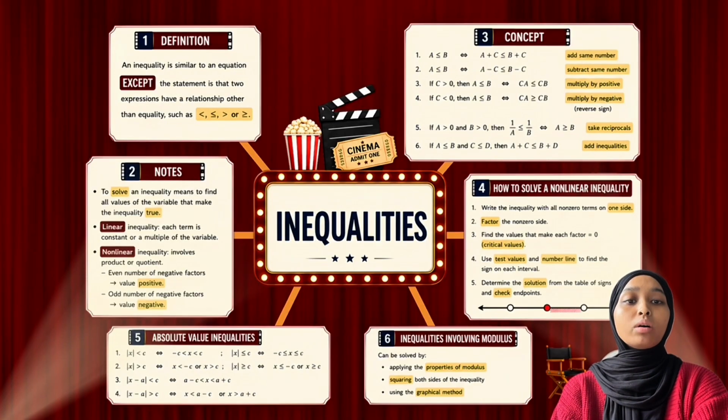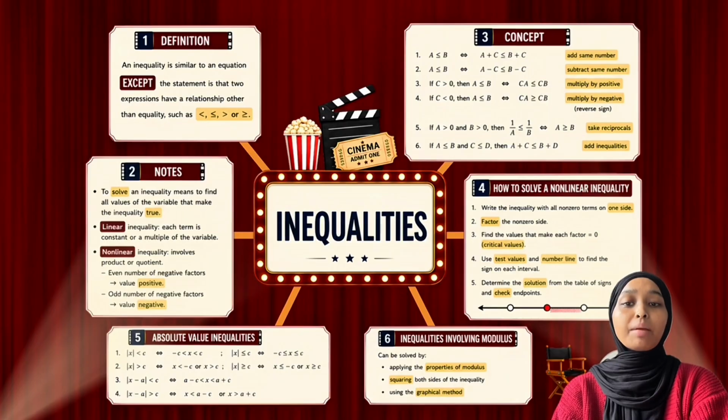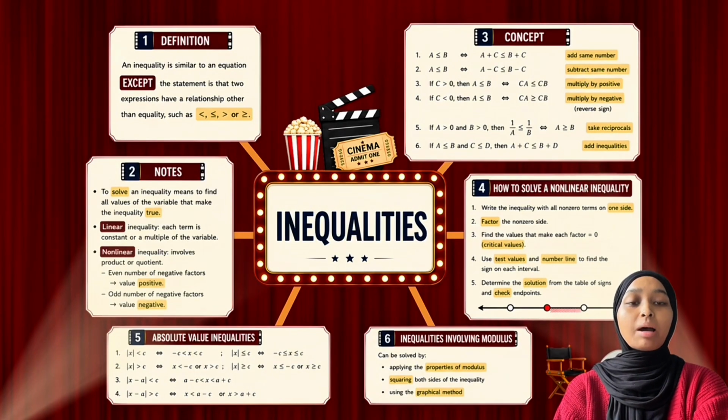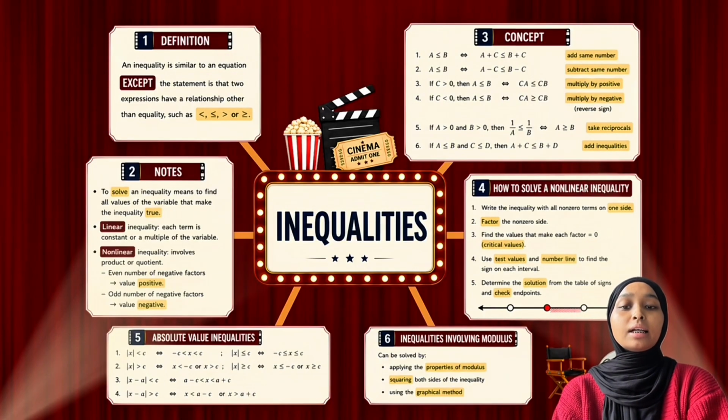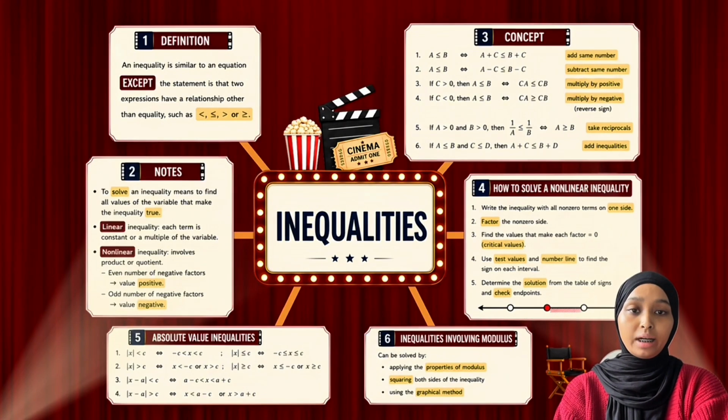We may add or subtract the same number on both sides without changing the inequality sign. We may also multiply or divide both sides by a positive number. However, when we multiply or divide by a negative number, the inequality sign must be reversed. For example, if negative 2x is greater than 6, dividing by negative 2 gives x less than negative 3.